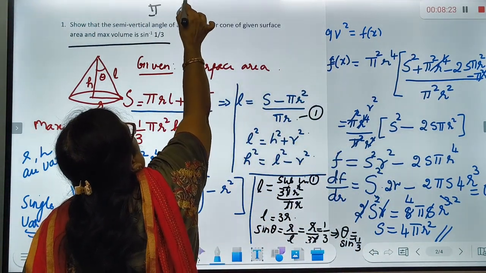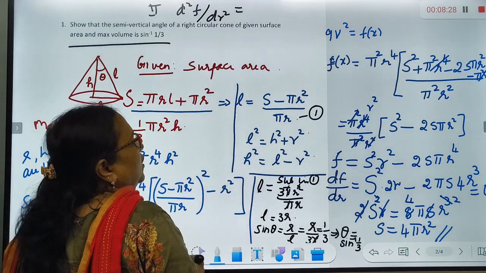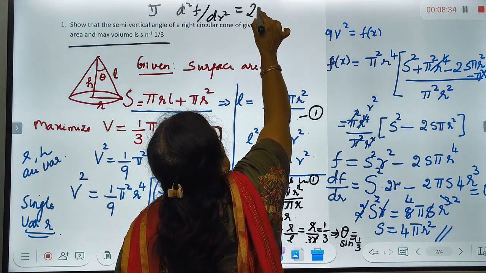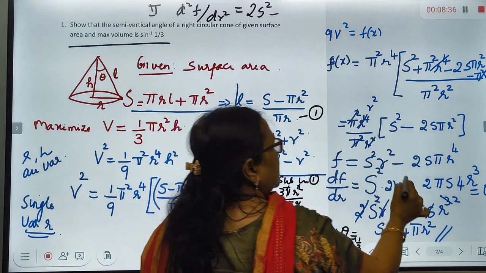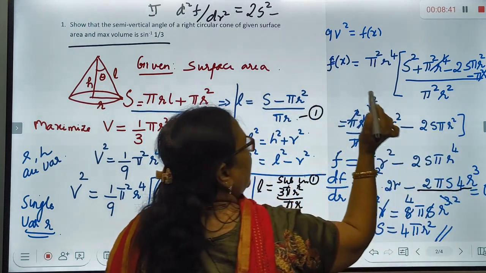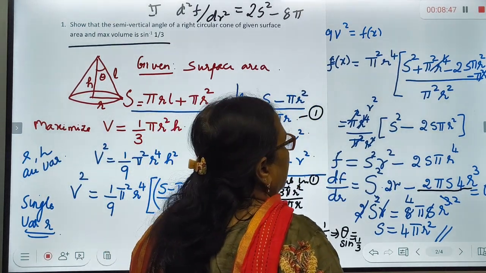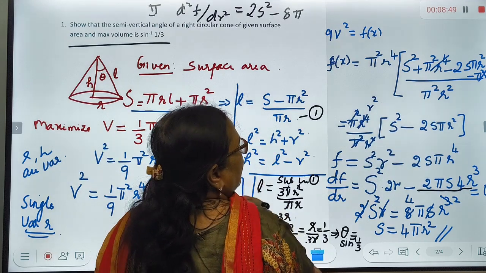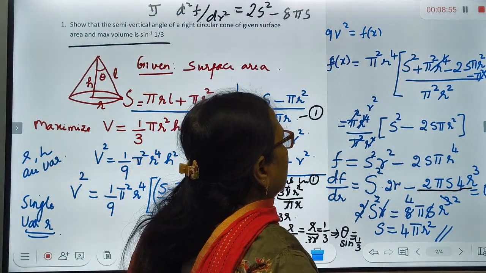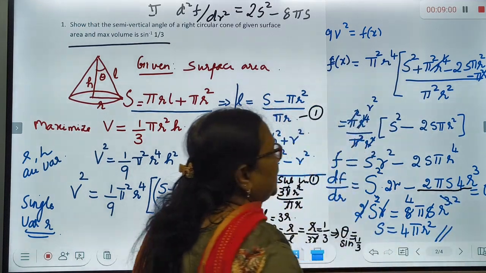So d square f by dr square will be equal to, when I differentiate this, 2s square minus, when I differentiate this one, 8 pi s r cube, I will get 8 pi s into 3r square.